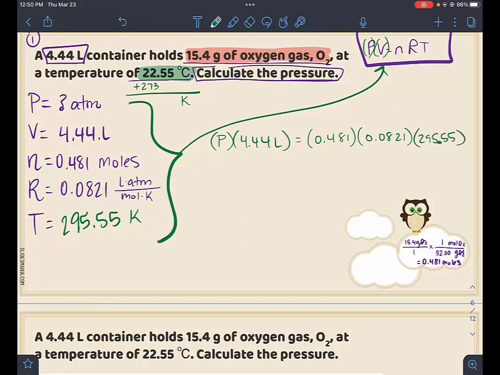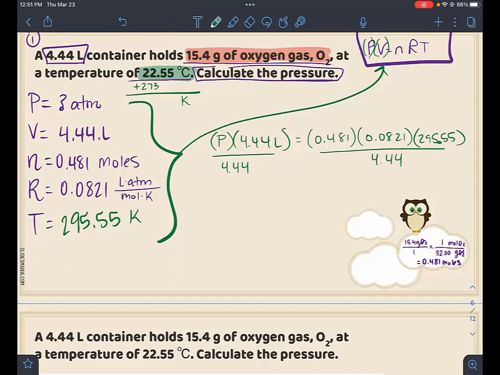All right, so I have pressure here, and I need to get it by itself to solve. So it's multiplied by 4.44, so I need to divide both sides by 4.44.